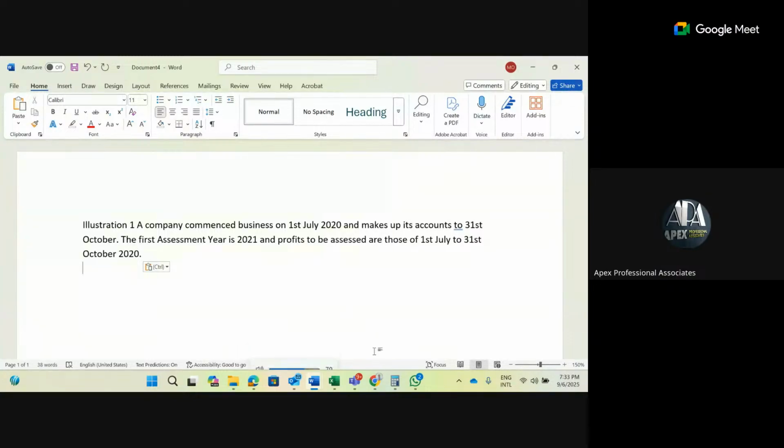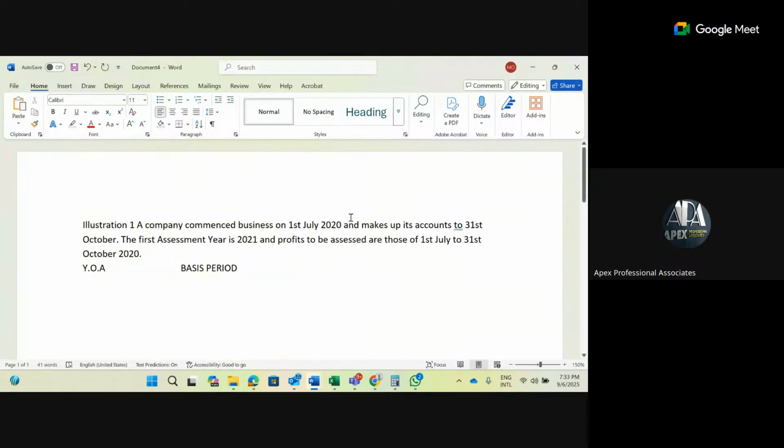So a company commenced business on 1st of July 2020 and makes up its account to 31st of October. Now the question is, determine the basis period and the year of assessment for the first 3 years. So if you want to determine that, you are going to have what we call YOA, year of assessment, and you are going to have another side for the basis period.